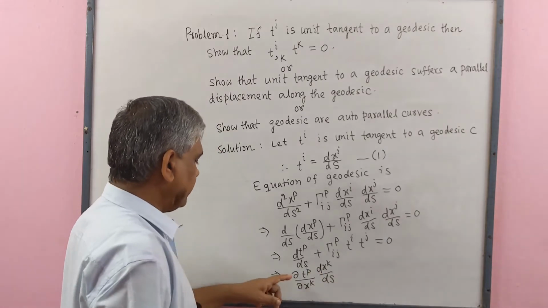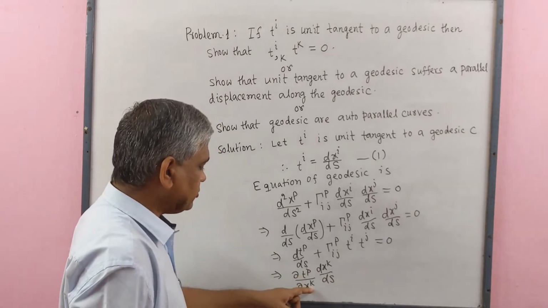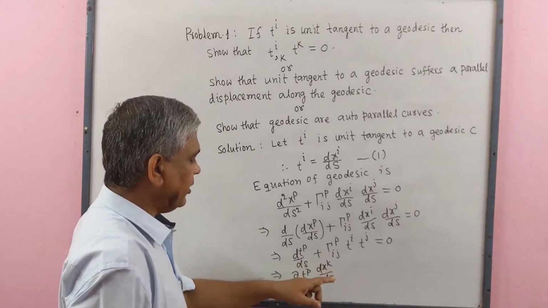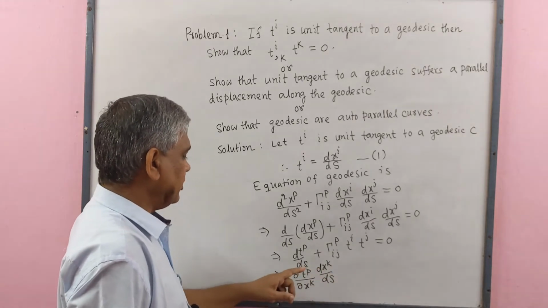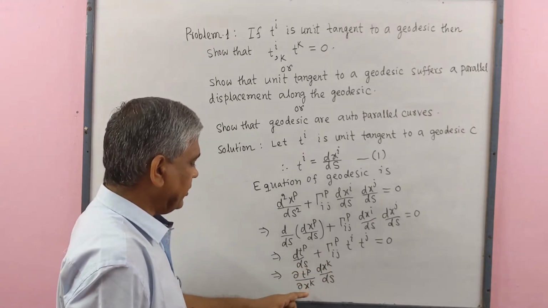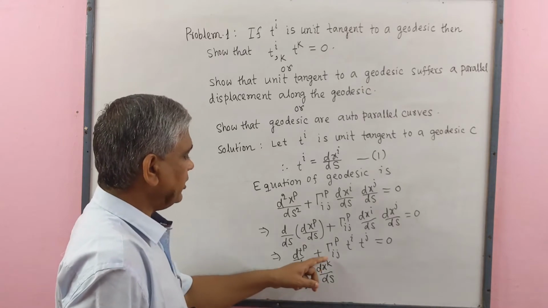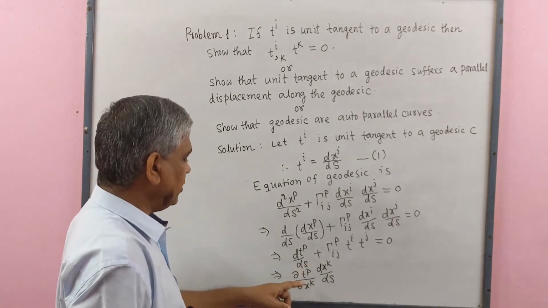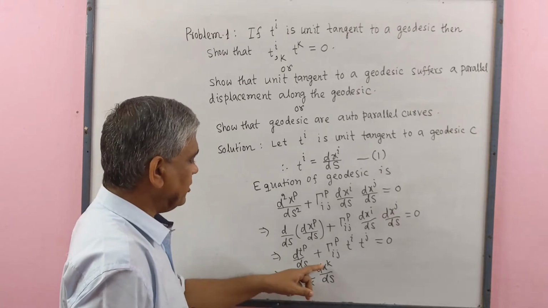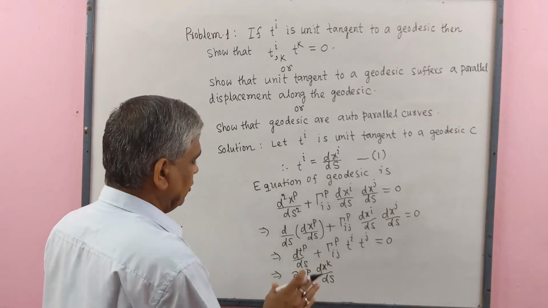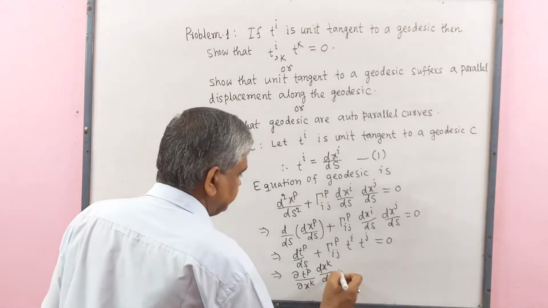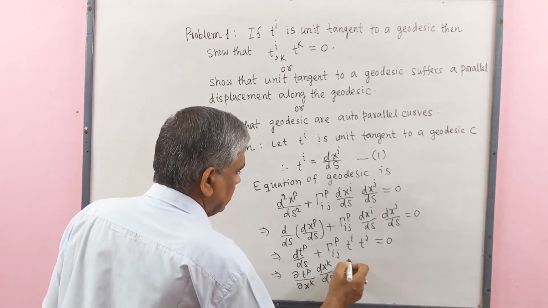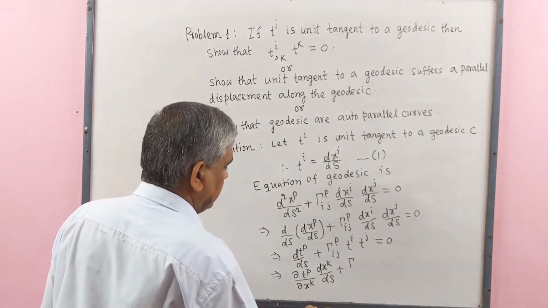That means del Tp by del x1 dx1 by ds plus del Tp by del x2 dx2 by ds plus dot dot del Tp by del xn dxn by ds, meaning of this, plus Christoffel symbol.